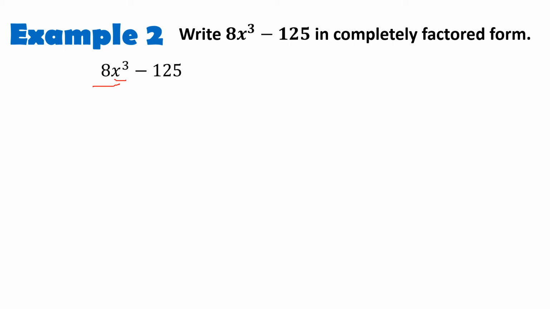And the exponent of the variable x is 3. Then, it is a perfect cube. Also, in the second term, 125 is a perfect cube because it can be expressed as 5 raised to 3. Remember that the factors of the difference of two cubes must consist of a binomial and a trinomial.